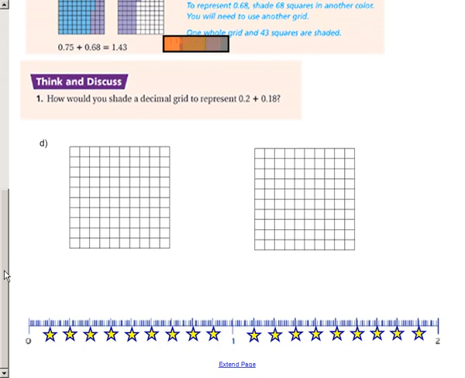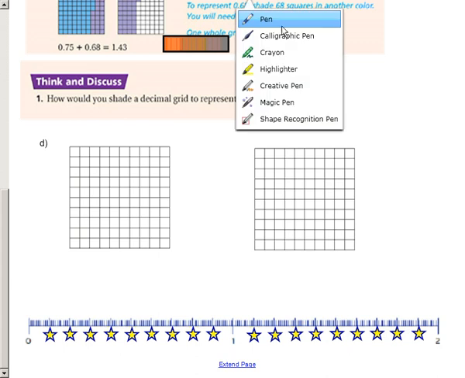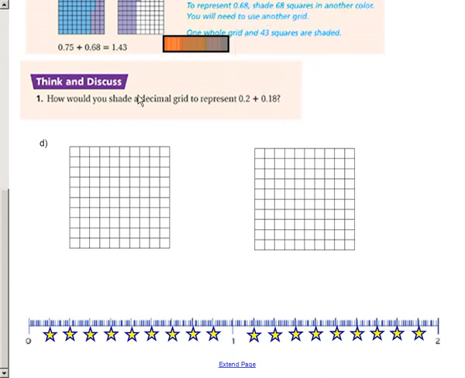All right, so let's take a look and let's try to shade in these 2 squares right here. Okay, I'm going to pull up my highlighters for this. So we're going to do 1 and 2/10 plus 18 hundredths. So I'm going to take one color and I'm going to shade in 1 and 2/10 in my first color. Now in my next color, I'm going to shade in 18 hundredths.